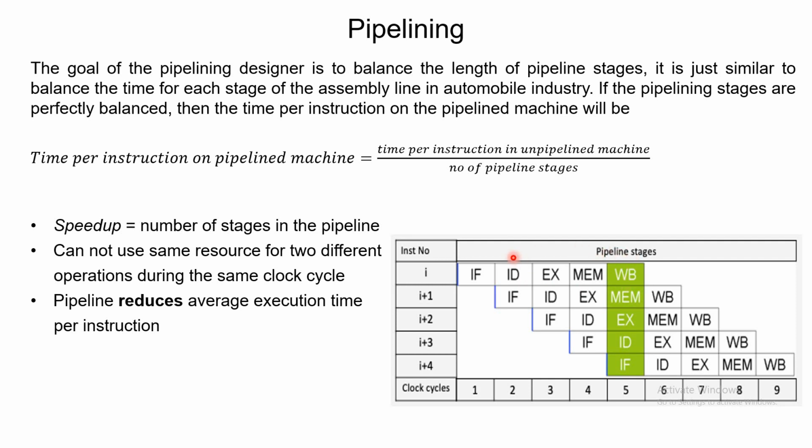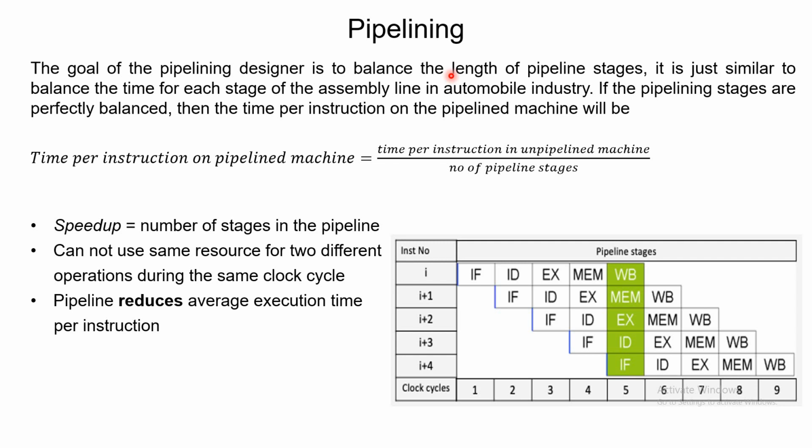In this example there are 5 different stages, and each stage performs a different operation. A good designer must keep in mind that the length of the pipeline stages must be balanced. It is similar to balancing the time of each stage of the assembly line in the automobile industry.